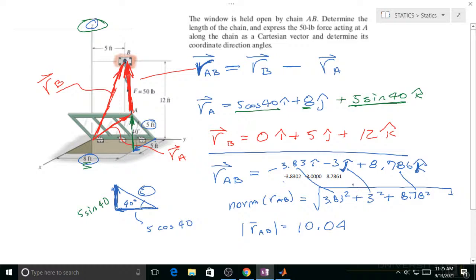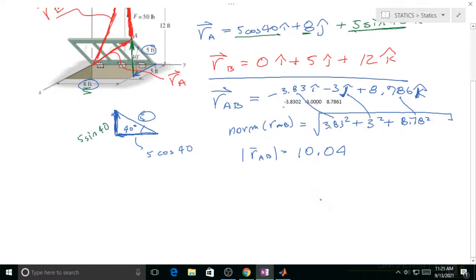So the next thing you've got to do, let's see if I can scroll down. Your goal now is to find a normal, I keep saying normal vector, and sometimes I say base vector, but I should be saying the unit vector in the direction of RAB.